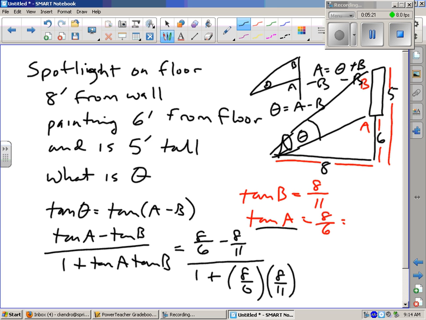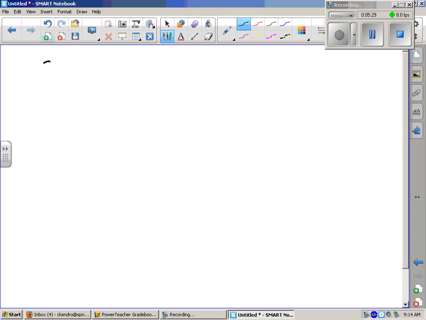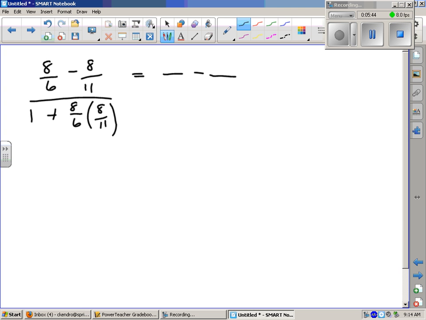Now all that's left is to get a common denominator and add fractions. Now I'm going to go to the next page because I don't think I have enough room. So I'm going to rewrite that: 8/6 minus 8/11 and then 1 plus 8/6 times 8/11. All right, common denominator is going to be 66. So I'm going to change everything to have a 66 in the denominator.